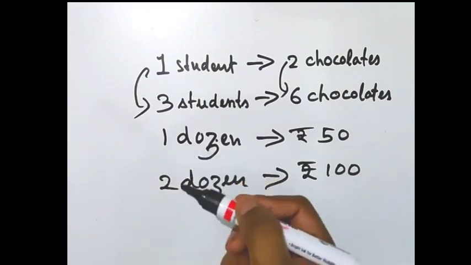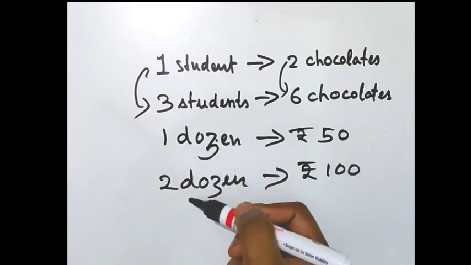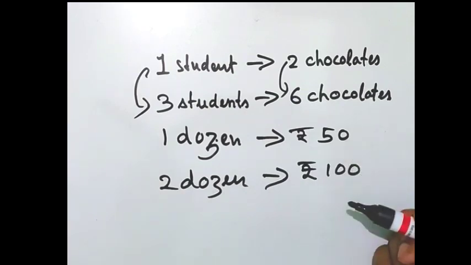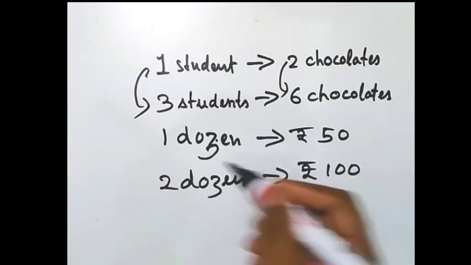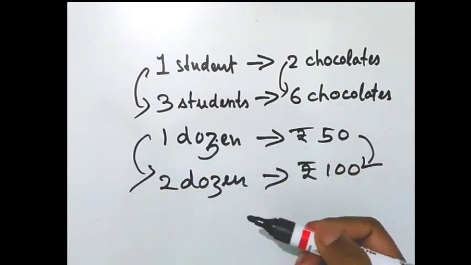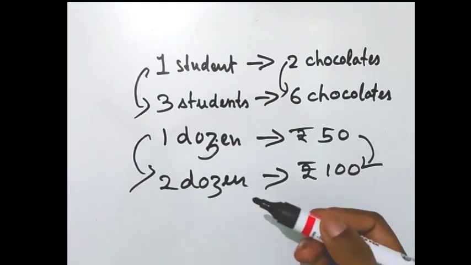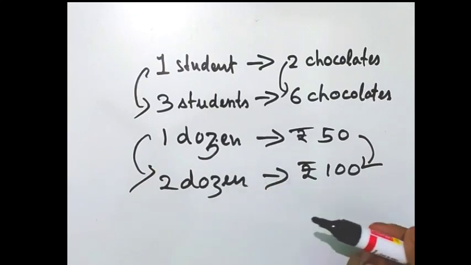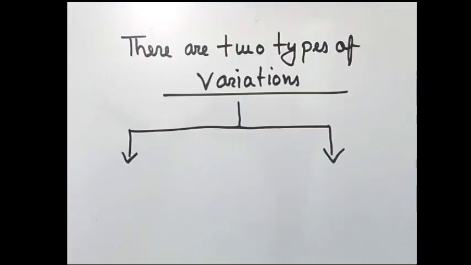So if I'm increasing the quantity of bananas purchased, the other quantity, that is the price, is also changing, right? So this change in one quantity affected by the change in the other quantity is called variation.